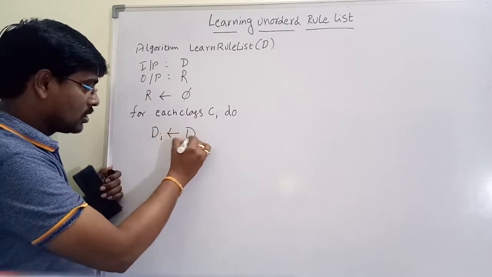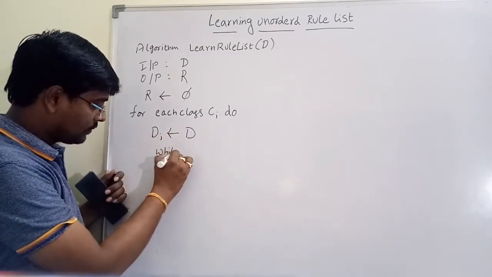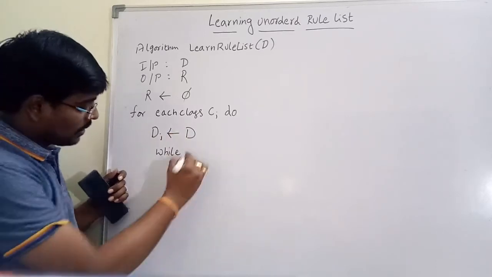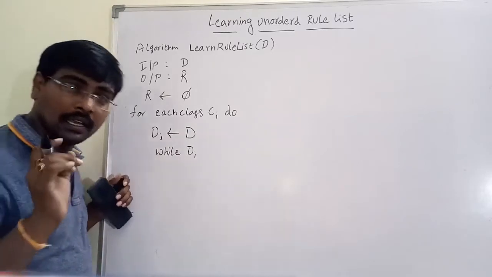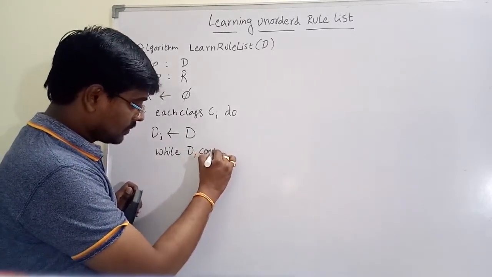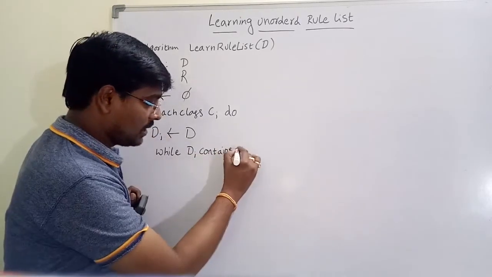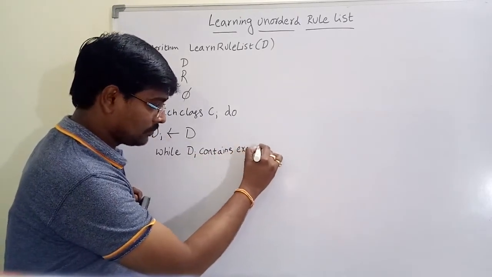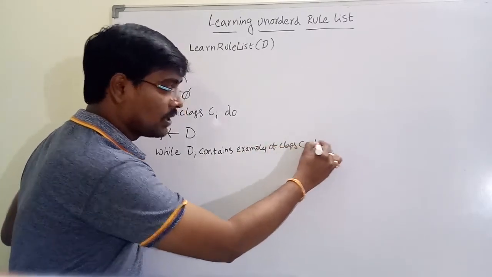Suppose Di is the set of instances. While Di contains examples of class Ci. What is the meaning of this?